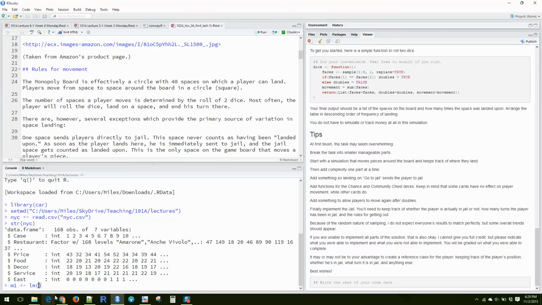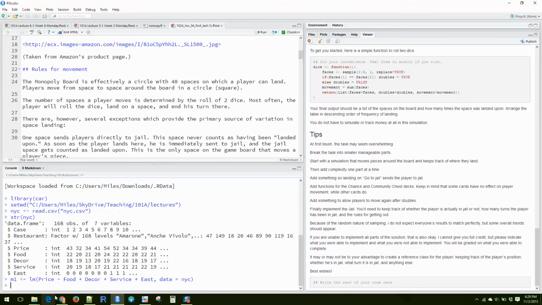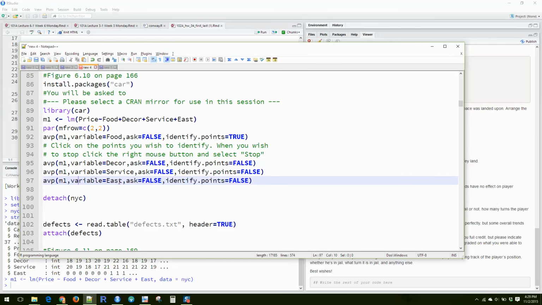We're modeling price as explained by food and decor and service and east, and our data is New York City.